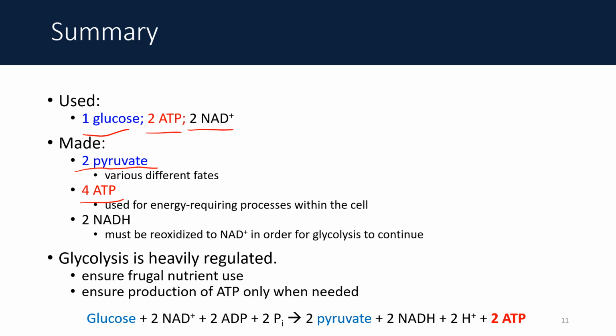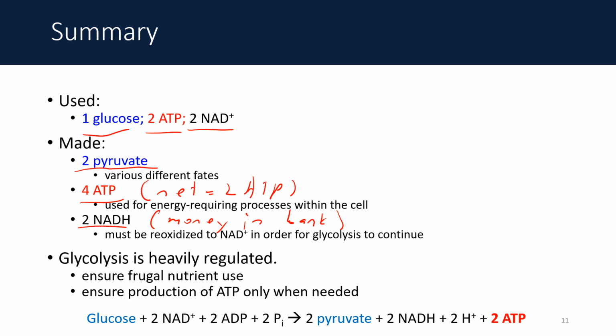But keep in mind, since we've spent 2 to make those 4, the net is 2. And also 2 NADH, the reduced form of NAD+. These I like to think of as money in the bank, a resource that we're going to cash in later to get a whole bunch of ATP specifically.